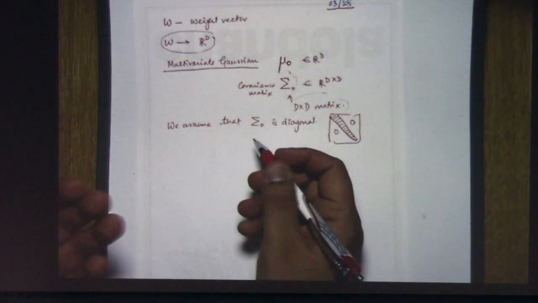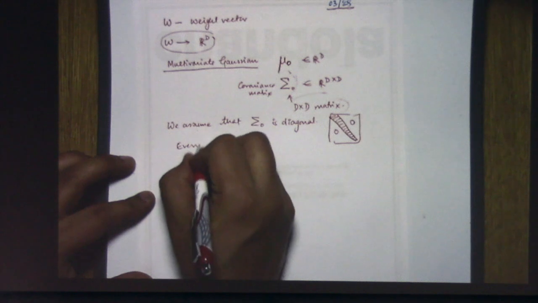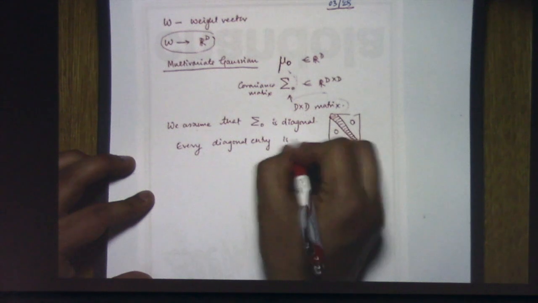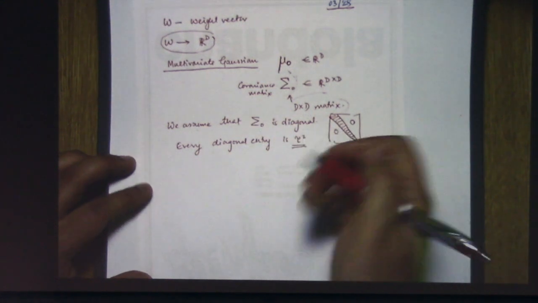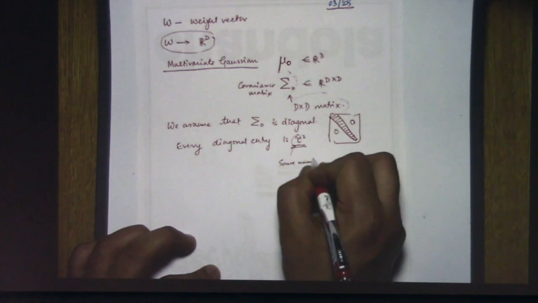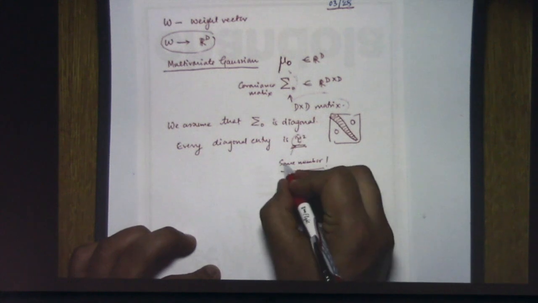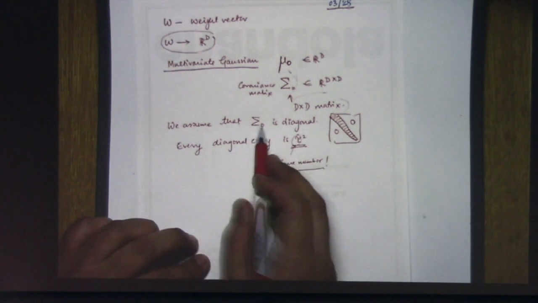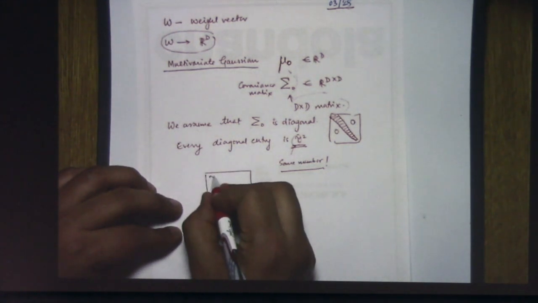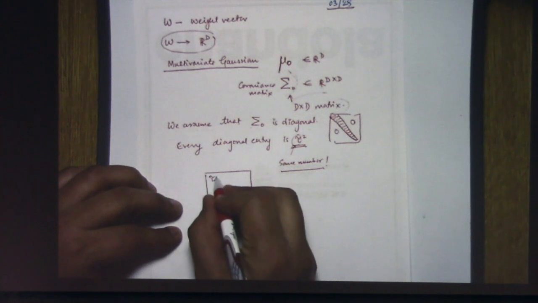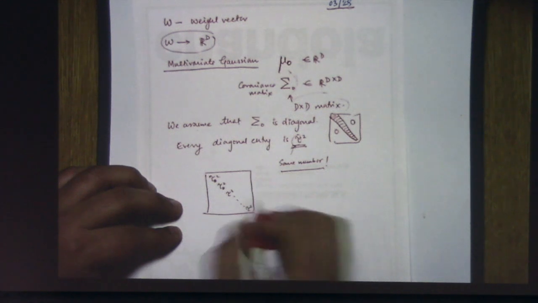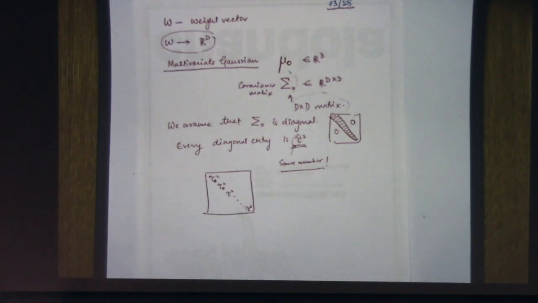In fact, we make another constraint which says that every diagonal entry is the same. We just say that every diagonal entry is equal to some tau square, where tau is some number that you specify. So you have simplified your sigma naught to pretty much one number now, just to make it simple for ourselves.